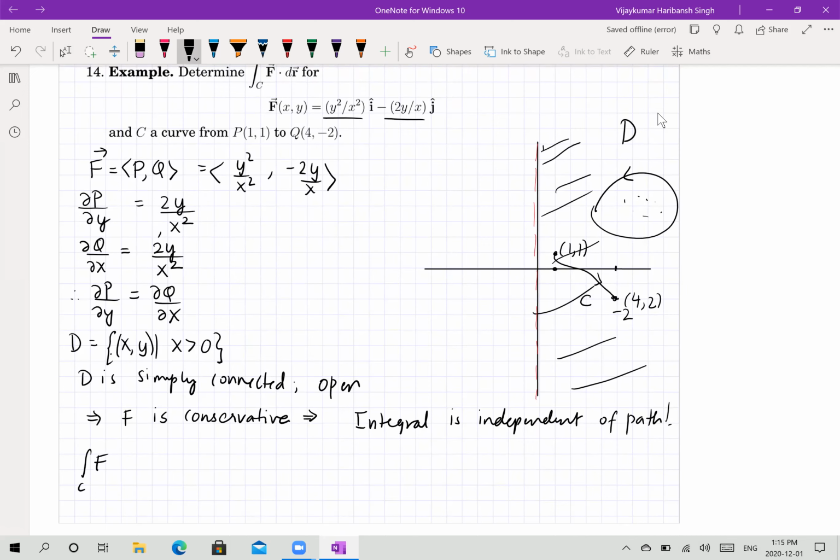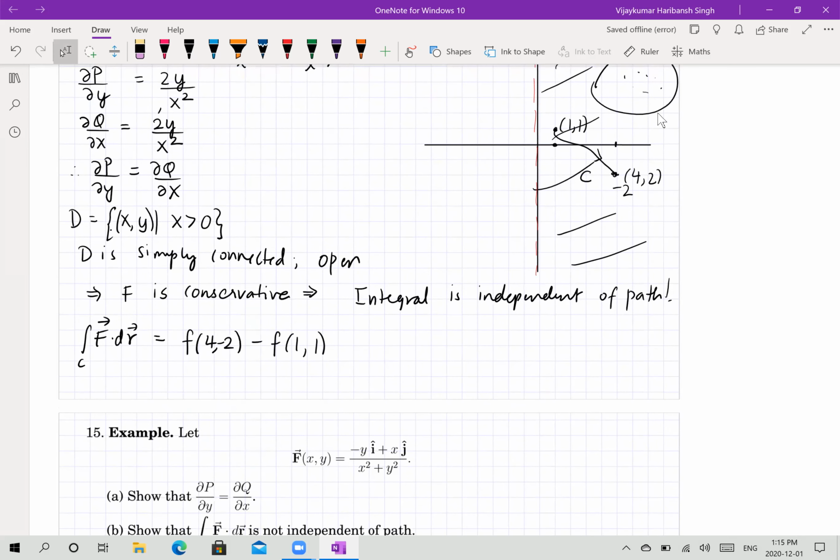The integral over C of F dot dr is going to be f of r at (4, -2), which is essentially f of (4, -2), because we can take the unit parameterization, minus f of (1, 1). Now we need to compute f.